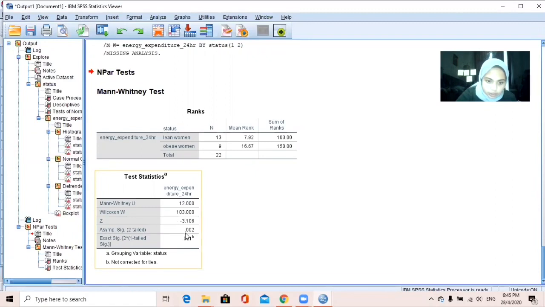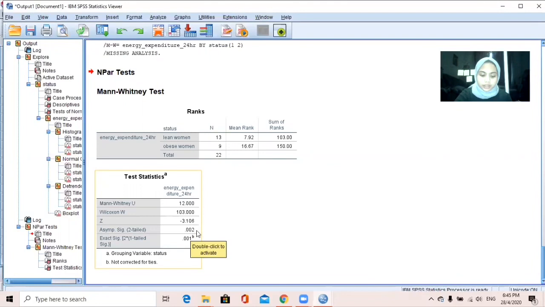the p-value is 0.002, which is less than 0.05. So there is a significant difference. Okay, so based on the result, the p-value is 0.002 and the alpha is 0.05. If the p-value is less than 0.05, then we can reject the null hypothesis.